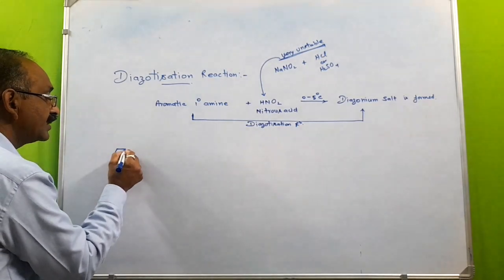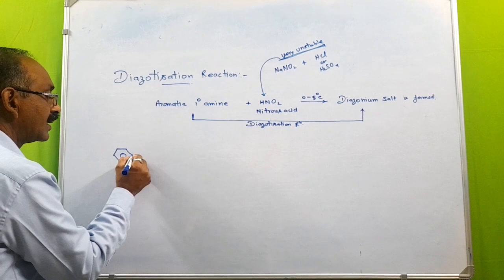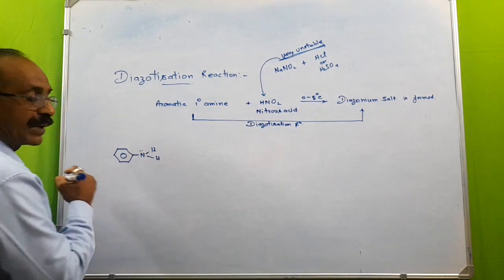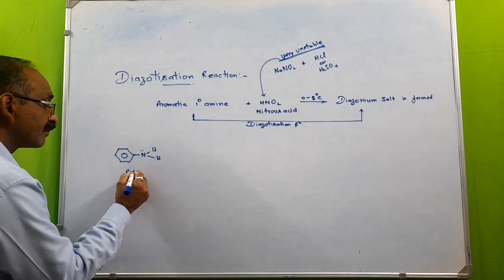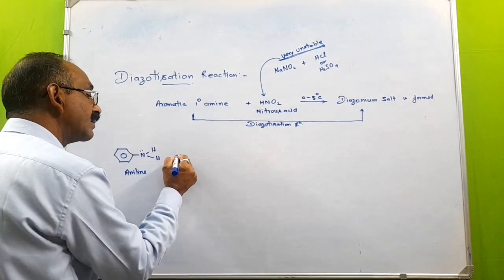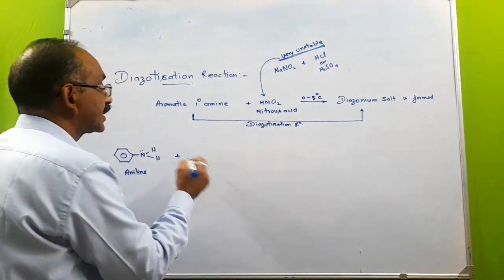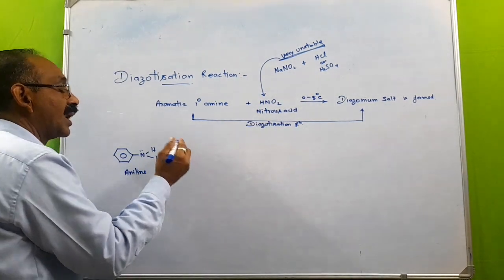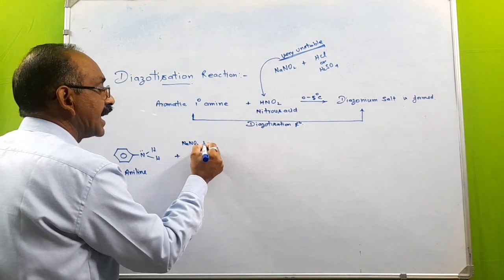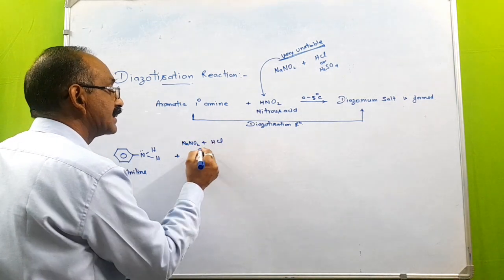See, how to write the reaction? Let this be our aromatic primary amine, treated with HNO2. What actually happens is we take NaNO2 and HCl.